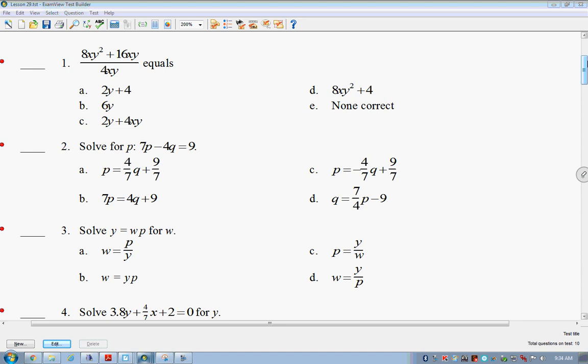So I'm going to rewrite this over here: 7p minus 4q equals 9. What's the first thing that we can move to the other side, Christian? We just want to solve for p. P is on the left, which means I'm going to move everything I can to the right, but I've got to do it step by step.